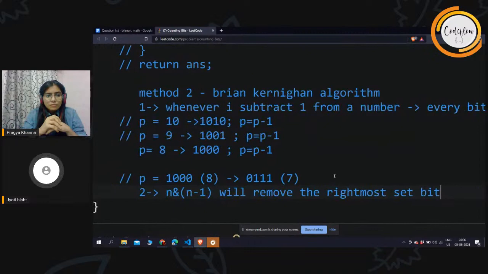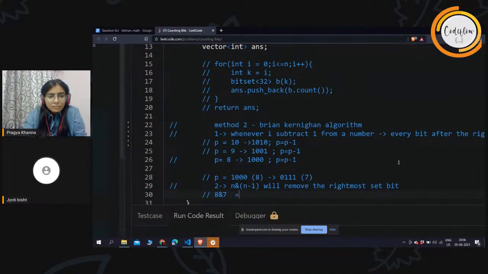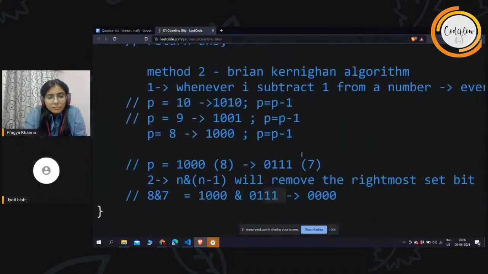Okay. So for example, let's verify 8 and 7. What should it give me? 8 and 7. 8 is 1 0 0 0 and 0 1 1 1. It will give me the answer as 0 0 0 0. Okay? My rightmost set bit is removed, right?